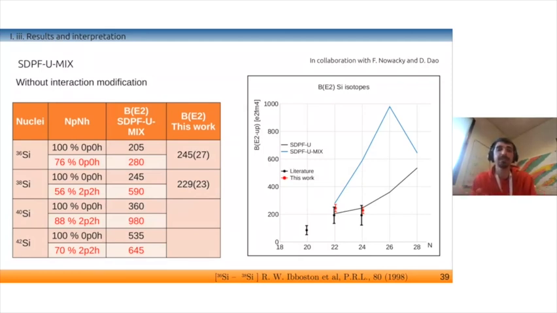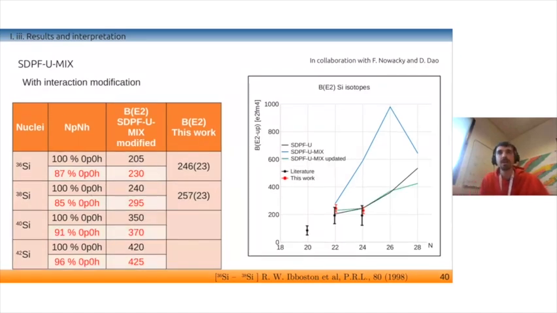Here the previous version of the SDPF-U shows strong mixing, allowing too much mixing, and this new work helps, in fact, to constrain the SDPF mixing, where you can see that by constraining we reduce the mixing with SDPF shells, and so we reproduce our results better.